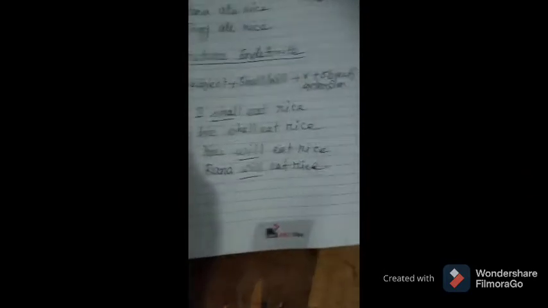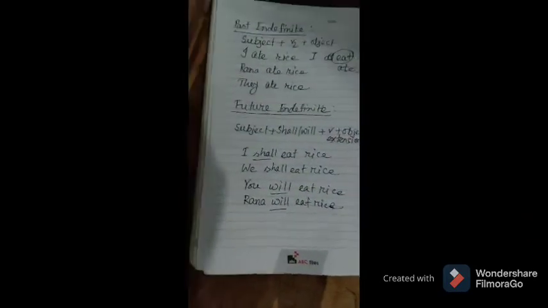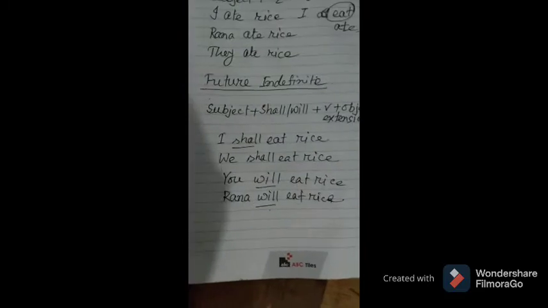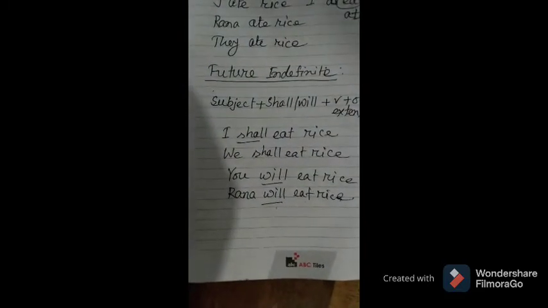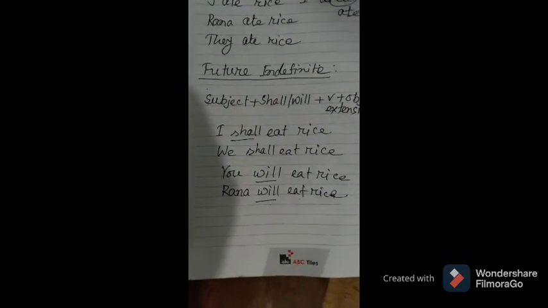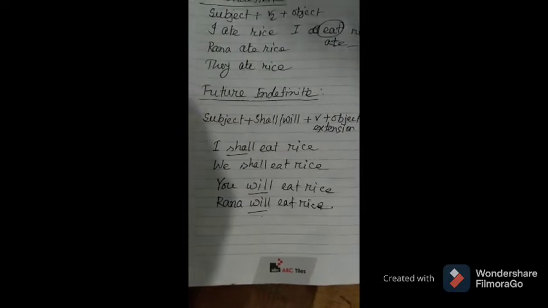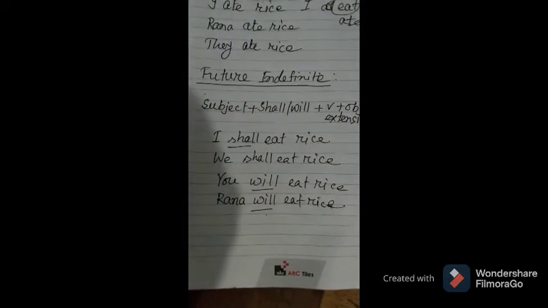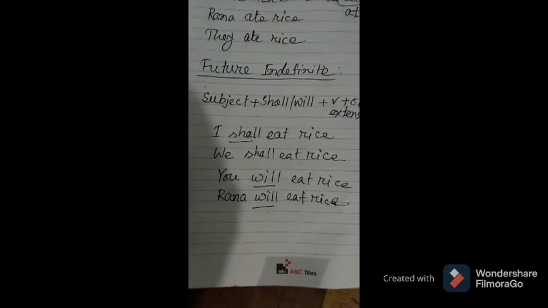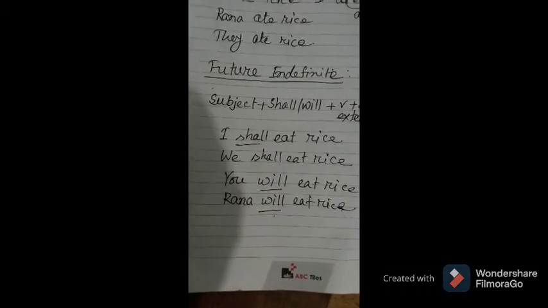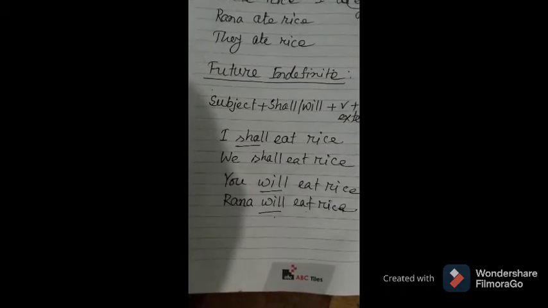And another thing is that whenever we speak something in future, an incident which will take place in future, then we will use the simple form of future indefinite tense. But you can use it in everyday life. If you make some mistakes, there is no problem, but still you need to speak in English.